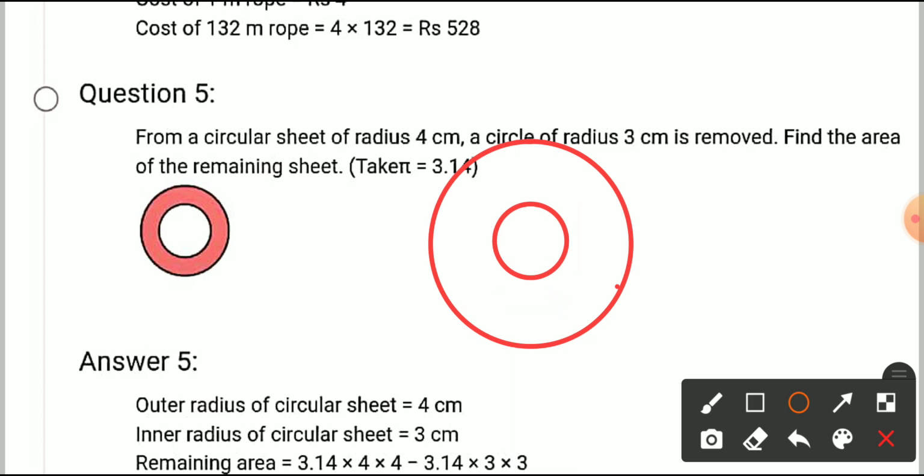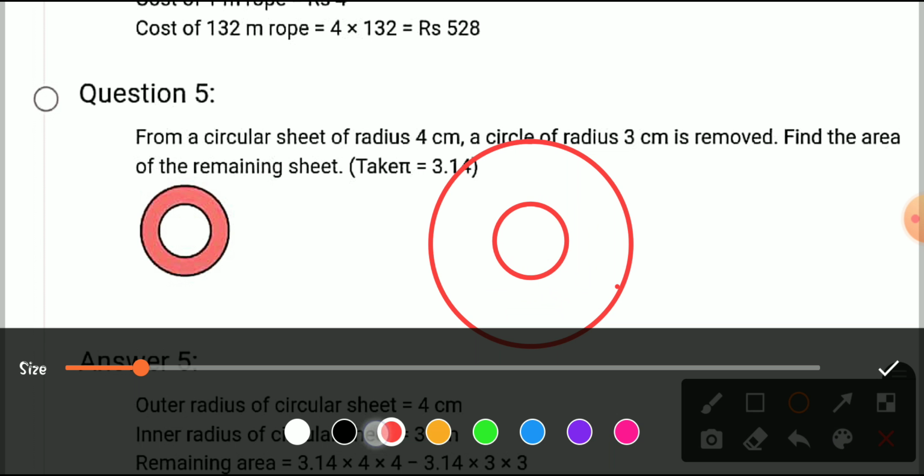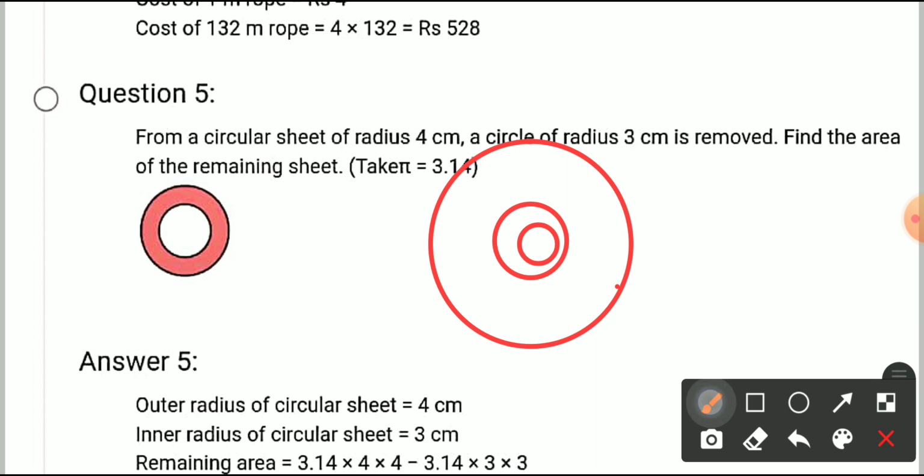So we want to remove this part, the shaded part. We want to remove this particular circle, as it is given in the figure.